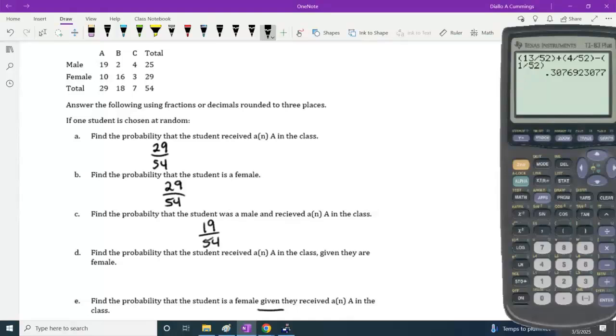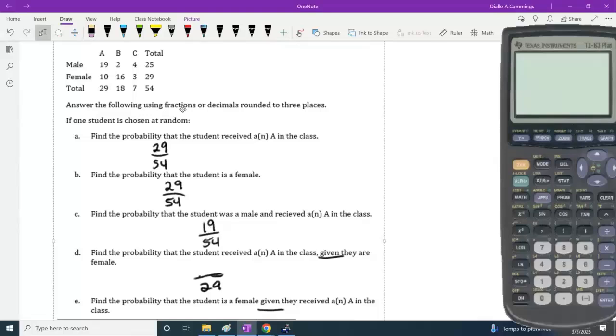All right, if I look at D, D says find the probability that a student received an A in the class given they are female. So what is my denominator here? Well, if I look at my total for females, there were how many females total? 29. And out of those 29 females, how many received an A? 10.